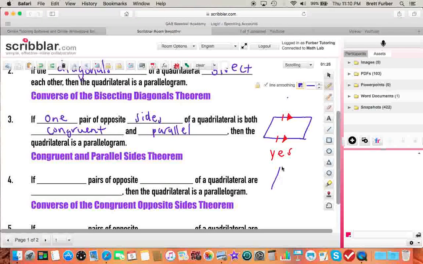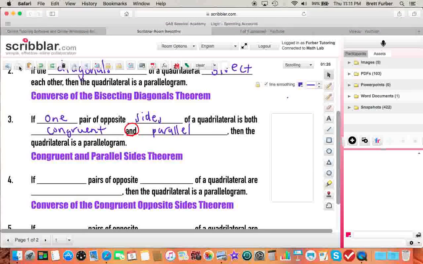Now, they might try to trick you and do this. That would be a no. It has to be the same two sides, showing that those same sides are parallel and congruent. Can't be one pair is parallel and the other pair is congruent. It has to be the same one like this. So that is enough information to prove that a shape is a parallelogram.